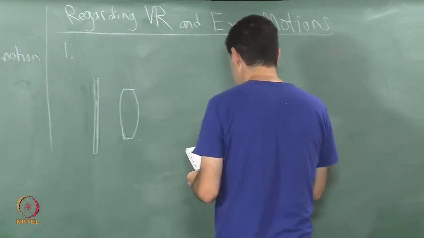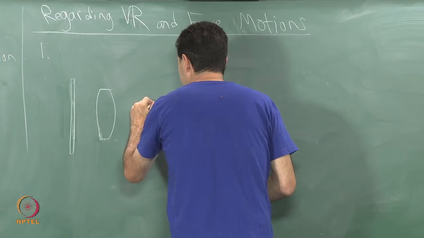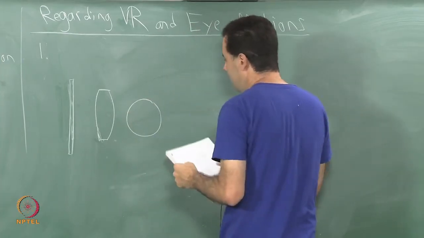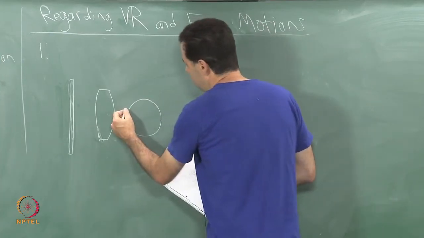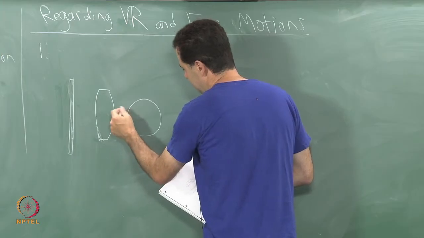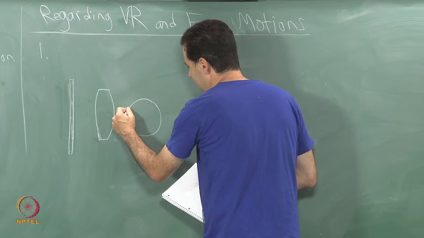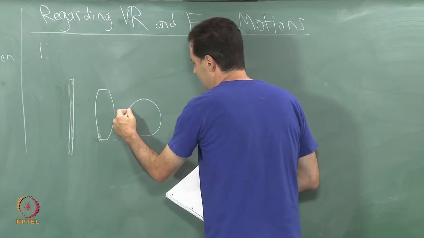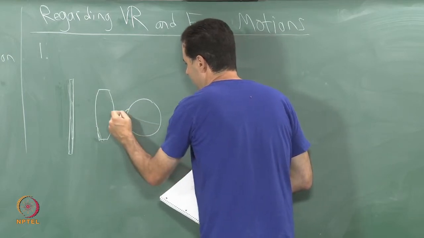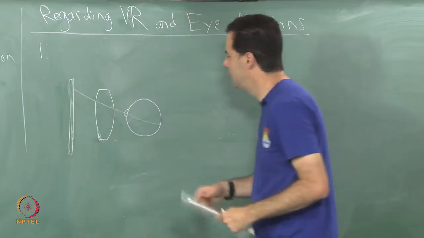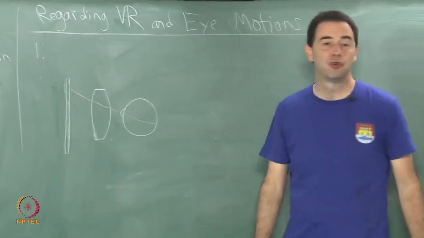I have the lens in front of that. I have the eye before that. And the pupil, and let me just draw the cornea part here, may be aimed at the top part, so we're looking at, let's say, some pixels on the top part of the screen here.